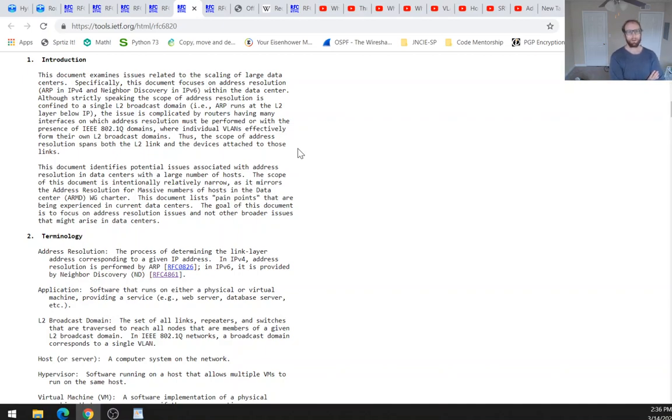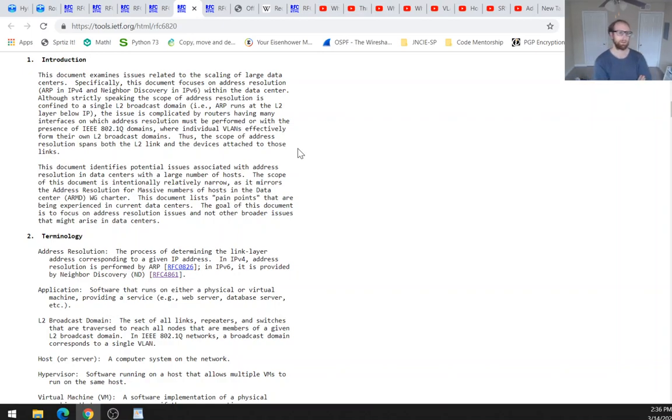The issue is complicated by routers having many interfaces on which address resolution must be performed, or with the presence of IEEE 802.1q domains, where individual VLANs effectively form their own L2 broadcast domains. Thus, the scope of address resolution spans both the L2 link and the devices attached to those links.